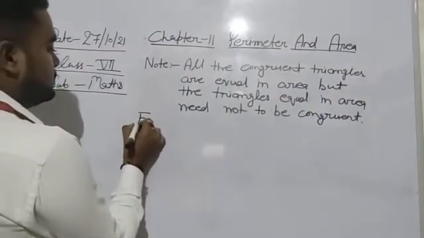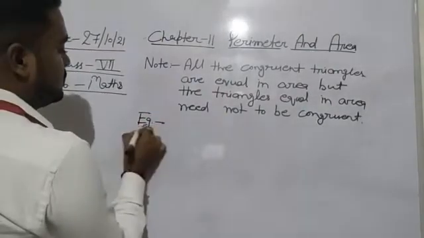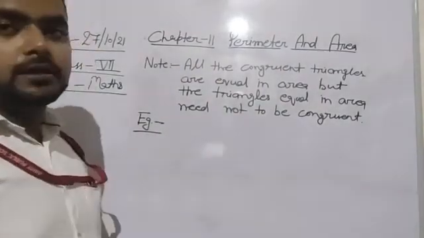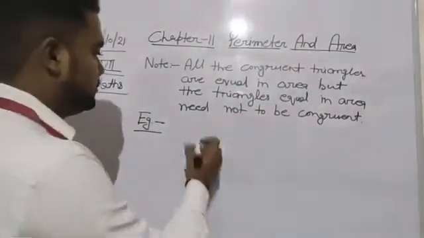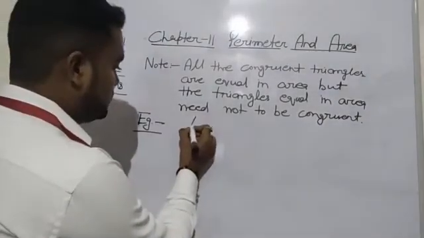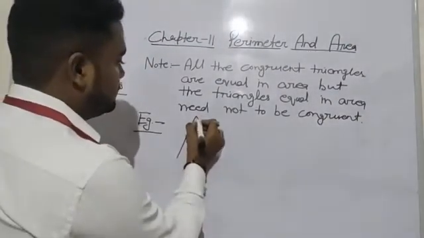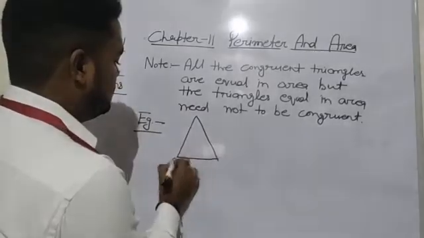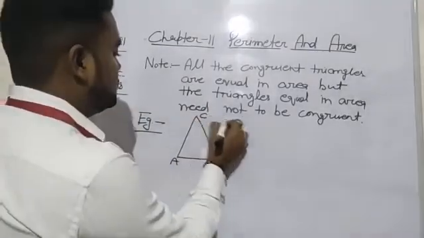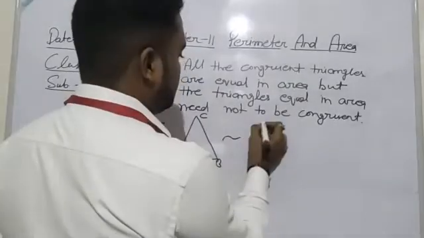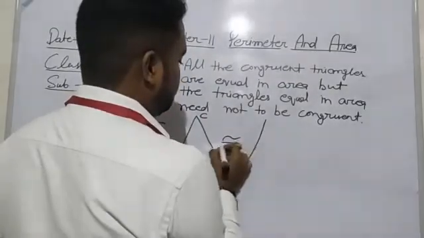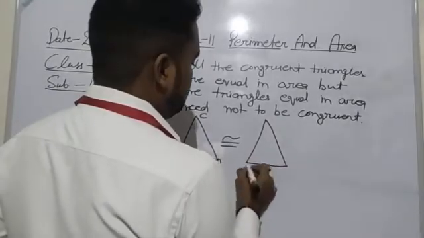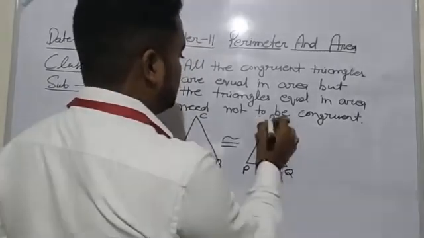For example, suppose we have two congruent triangles. Name them as triangle ABC congruent to triangle PQR.